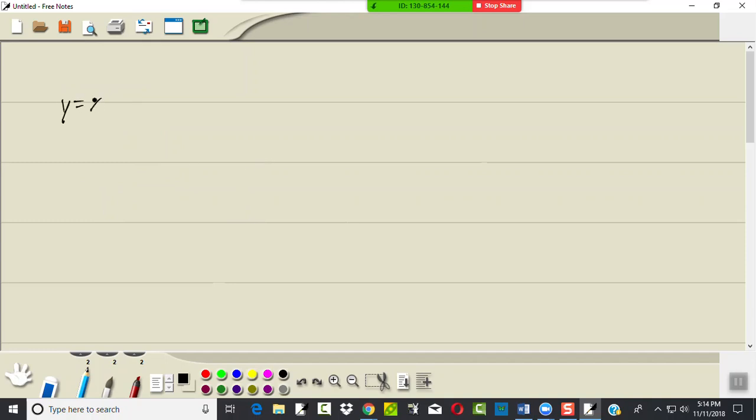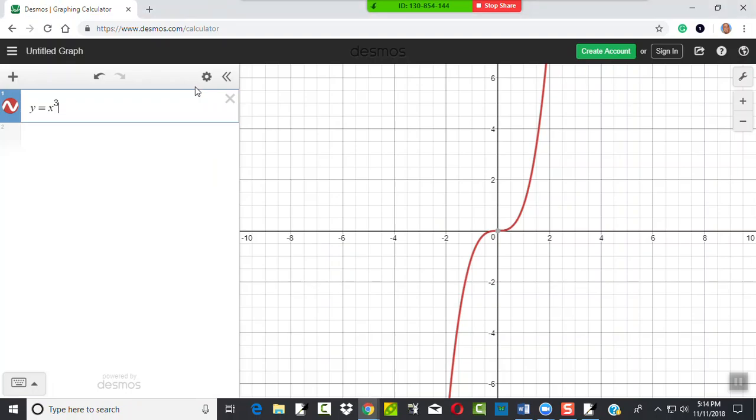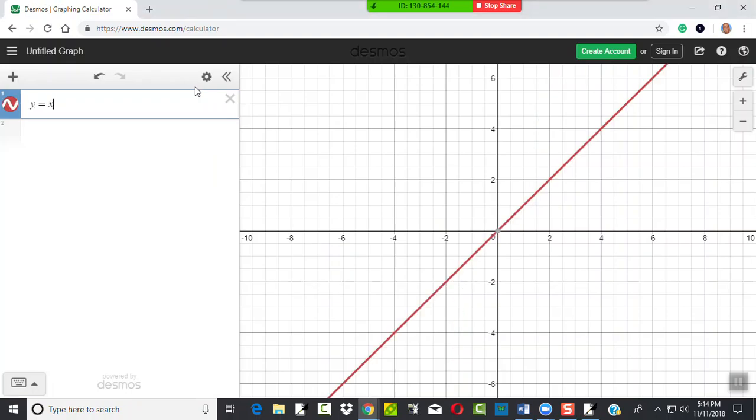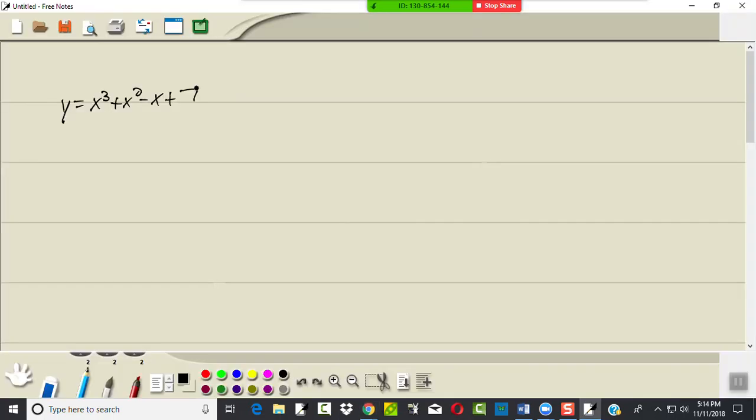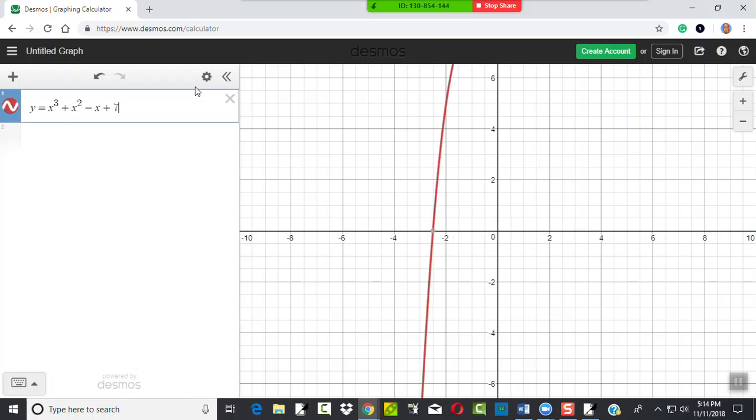If you have a problem, x to the third plus x squared minus x plus 7, you just have to remember when you type this in, you do a right arrow key to get out of the exponent after each exponent's done. You know what I mean by that? Y equals x, caret 3, right arrow key to get out of the exponent, plus x caret 2, right arrow, minus x plus 7.